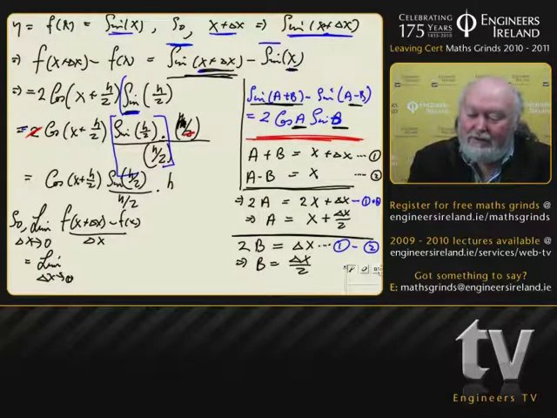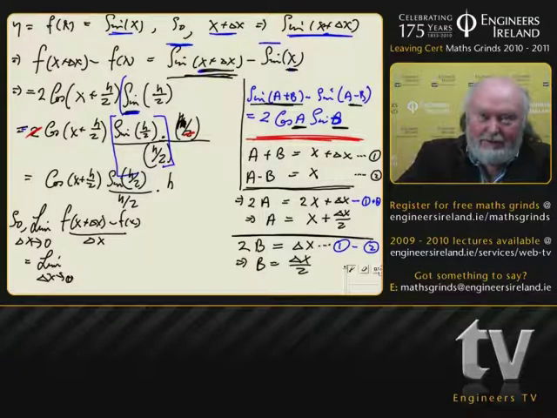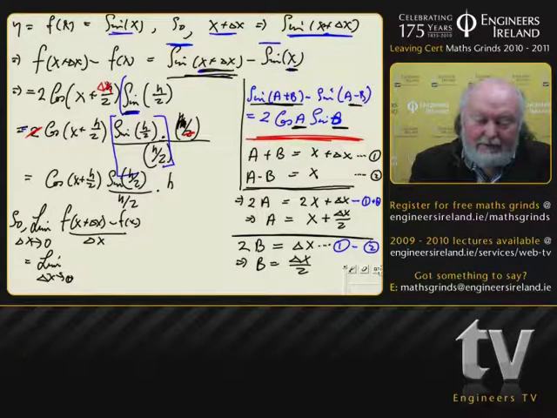I just realized I've actually mixed things. I'm using h's now instead of delta x's. Allow me to change this, please, and do accept my apologies over this. I'm so used to working in both. That's a delta x, that's a delta x.